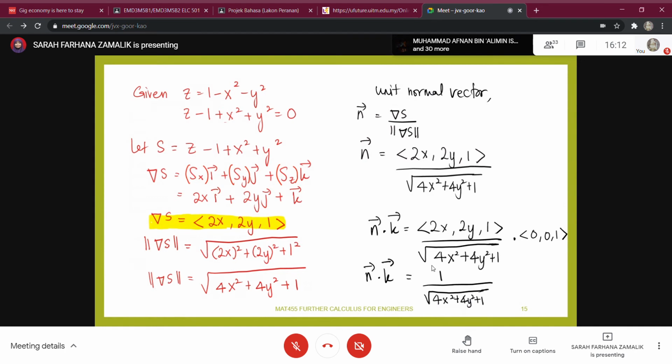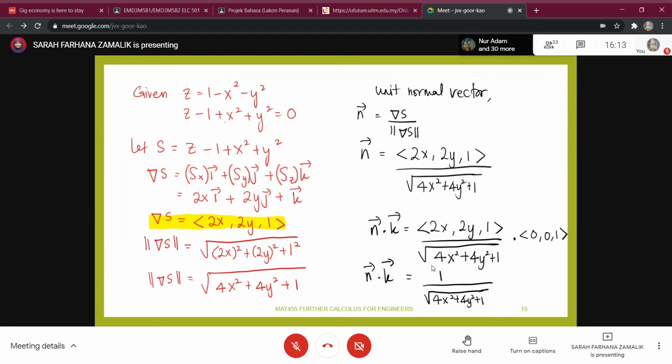Lepas tu sama je lah, cari dia punya gradient. So the gradient here is 2x square plus 2y square in bracket plus 1 square. So in this case, in magnitude kita bukannya value tapi a function, okay? Depends what you have for your gradient S tadi.